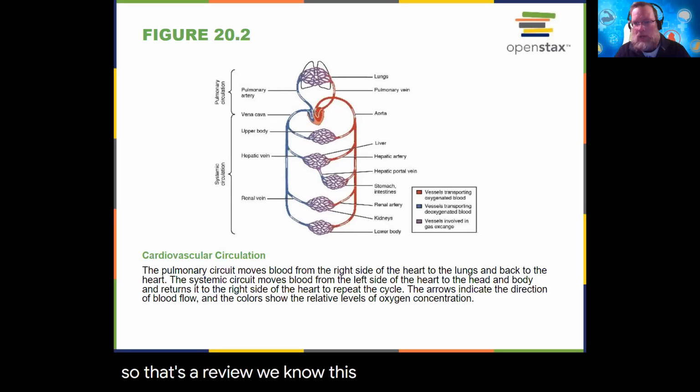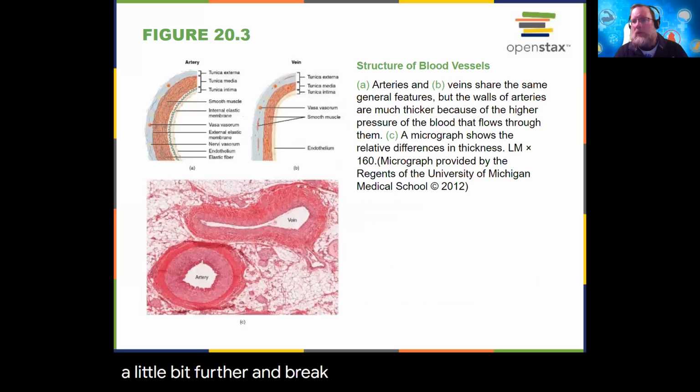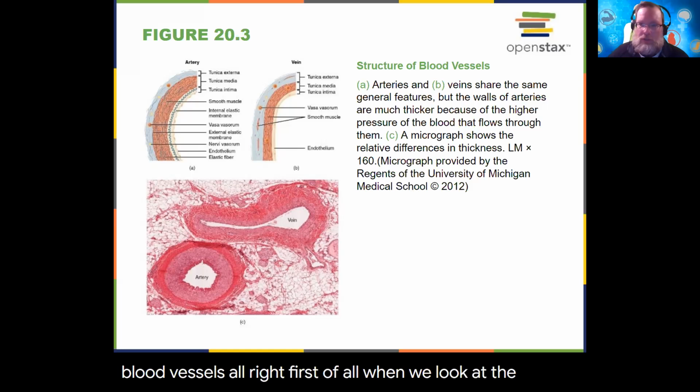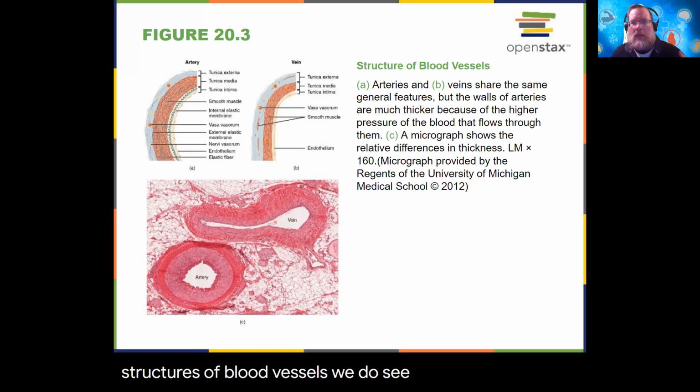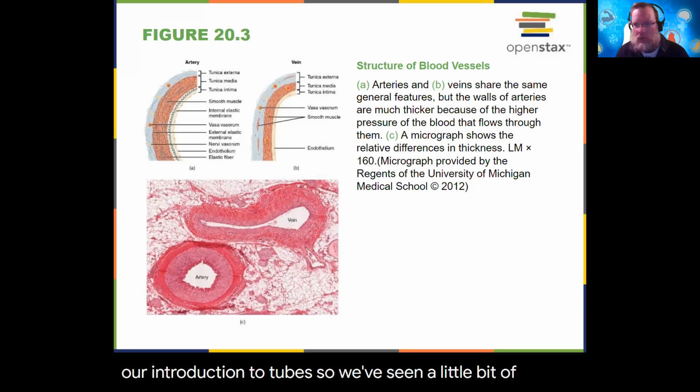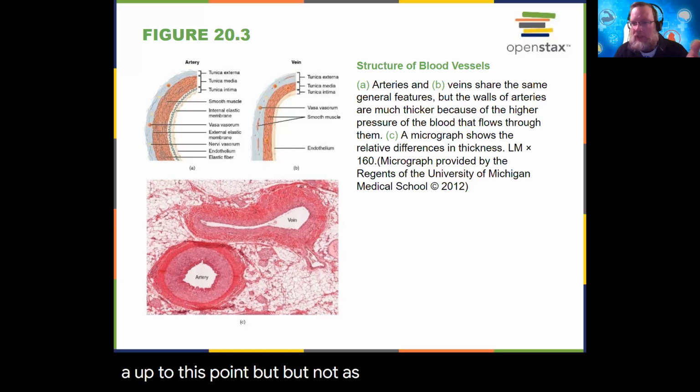We know this already. So we're going to go a little bit further and break down some of these specific blood vessels. All right, first of all, when we look at the structures of blood vessels, this is really kind of our introduction to tubes. We've seen a little bit of tubing up to this point, but not as specific as this.